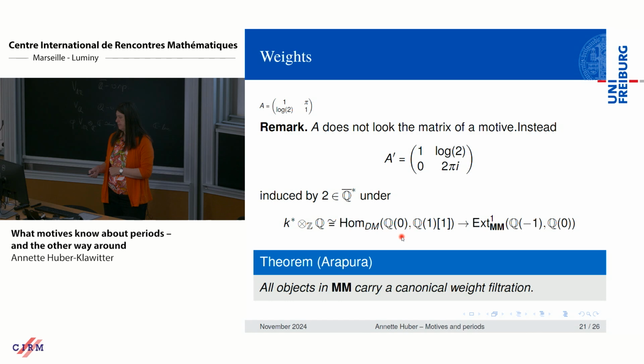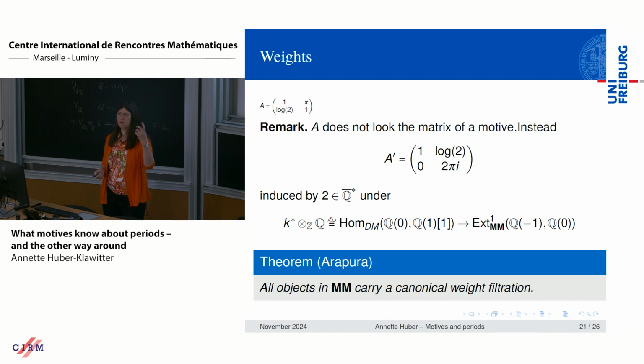This is Motivic cohomology. So morphisms of triangulated motives, Q0 to Q1, so twist 1, shift 1. So H11, some people call it, or whatever the indices are. And this is always, over any field, K star.